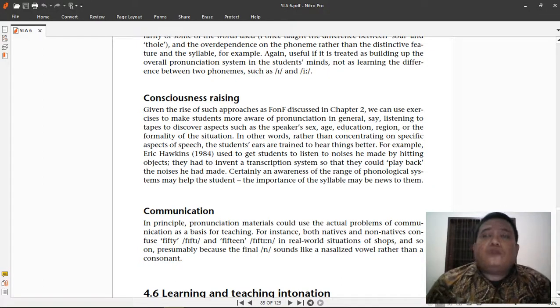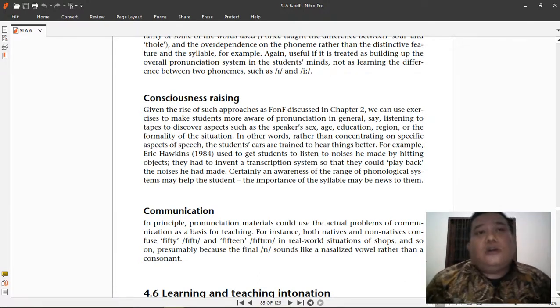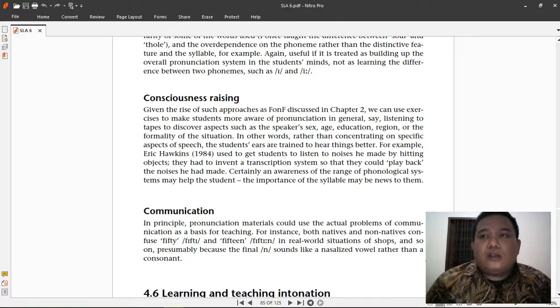Apa, right? And also when you say goodbye to, let's say, your friends, it will have a different meaning when you say goodbye and then goodbye. Okay, so it has different meaning.